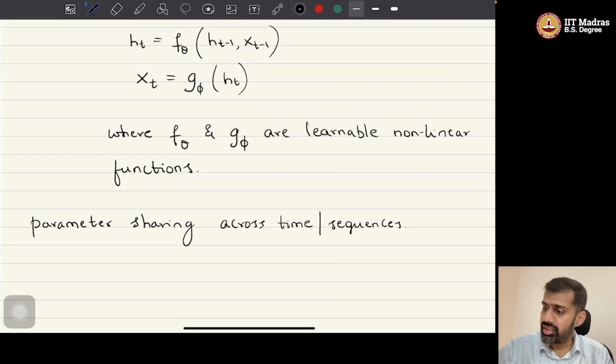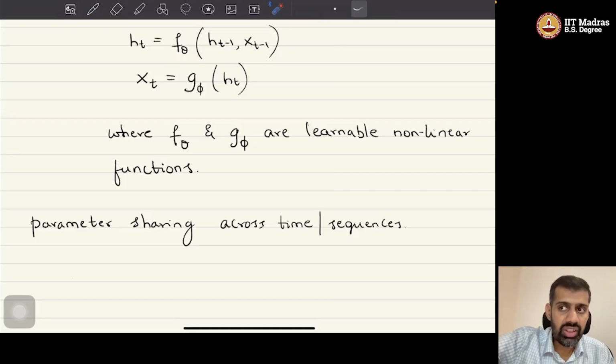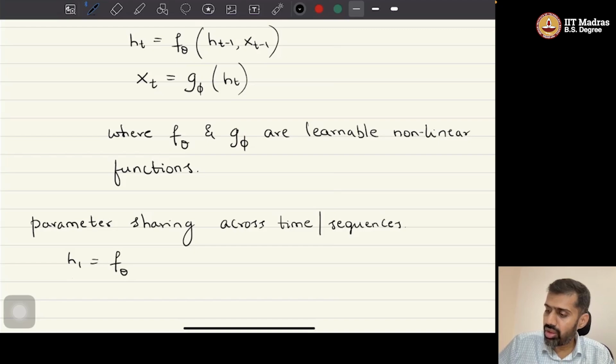The idea here is that the parameters theta and phi are kept constant across different time steps of the sequences. So let's say h1 will be equal to f theta of h0 and x0, and we have x1 equal to g phi of h1.